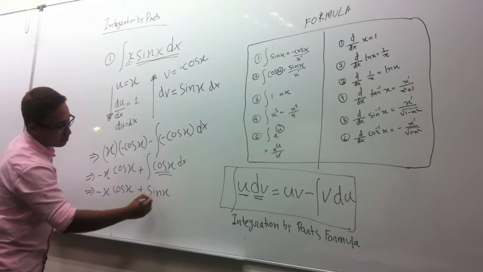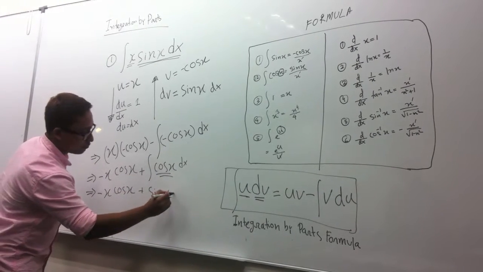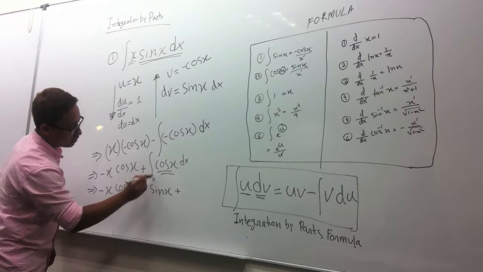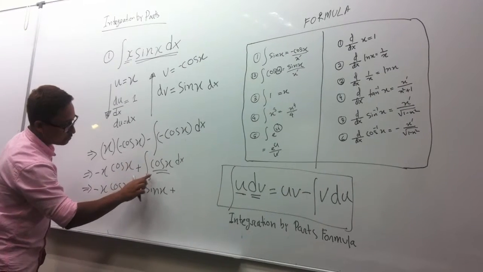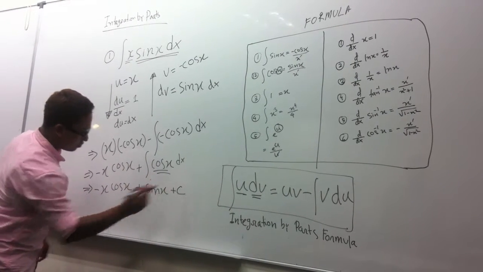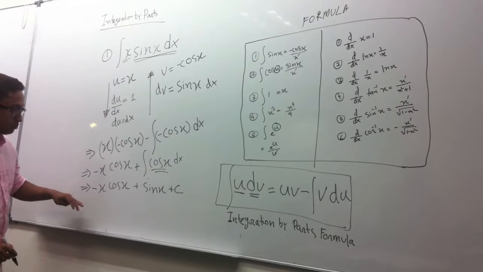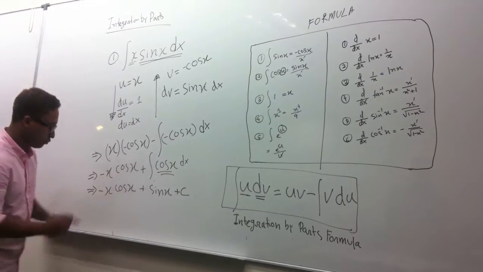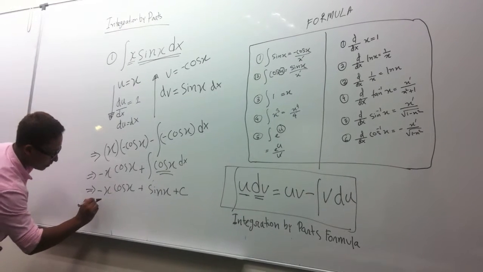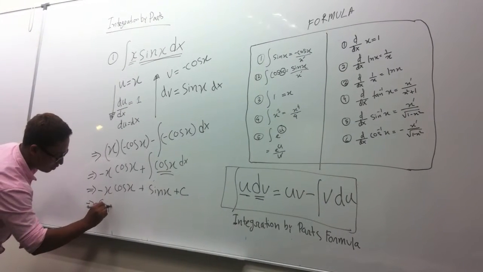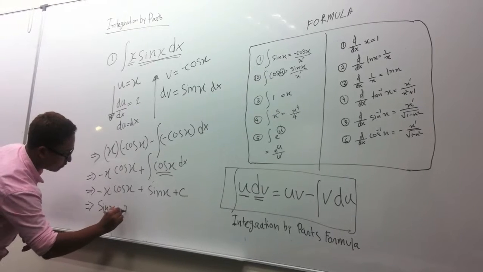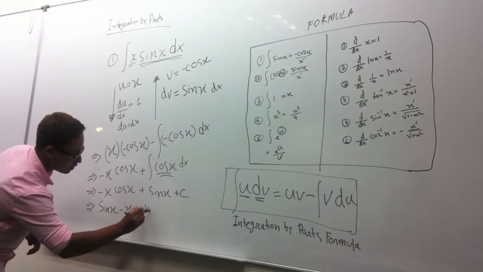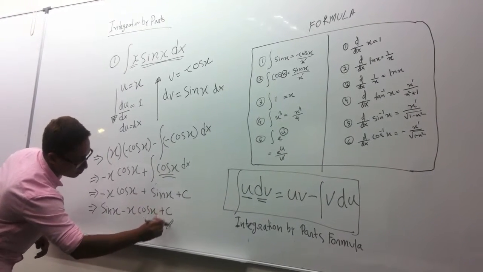As there is no limit over here, we have to add c at the back. This could be our final answer, but for simplification we can write it again as sin x minus x cos x plus c.